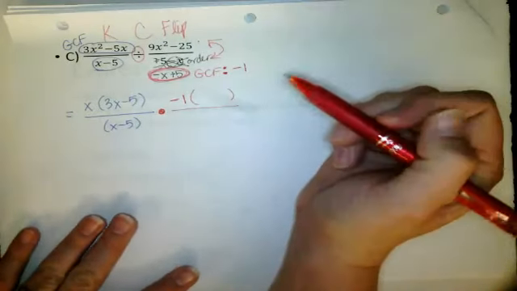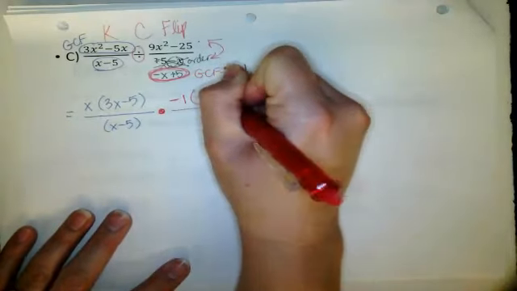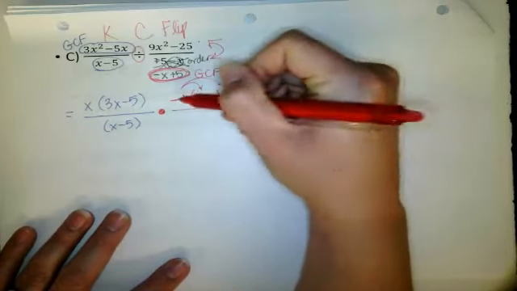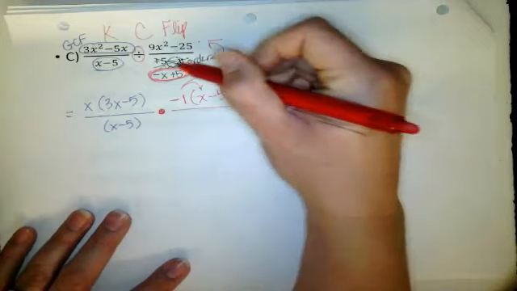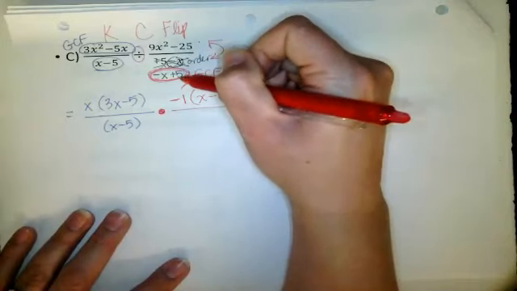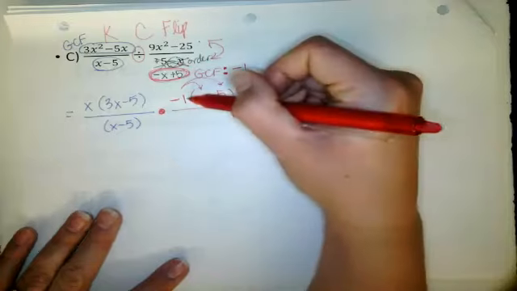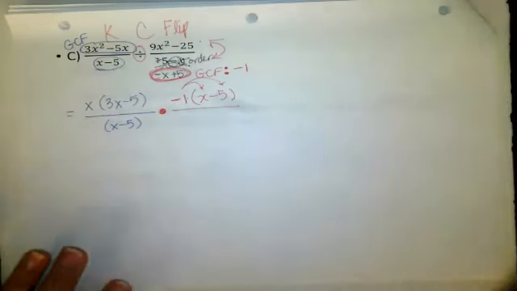If I take out the negative 1, what's left behind? X minus 5. You can always check by distributing. Negative 1 times x is negative x, and negative 1 times negative 5 gives me that positive 5 I'm looking for. So anytime you have things that are out of order, you can take out the negative 1 and change the order. Kind of nice.